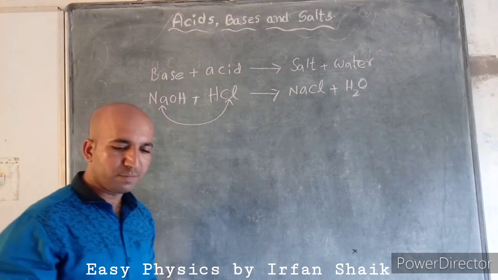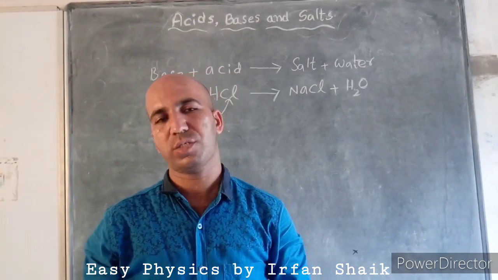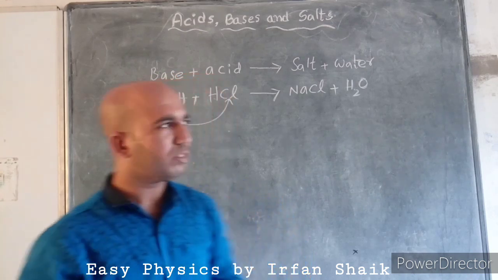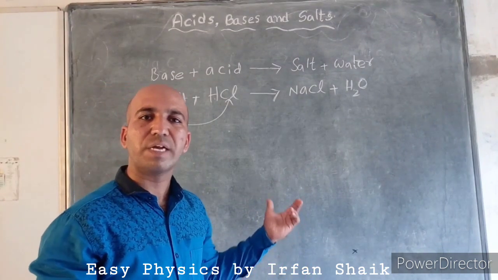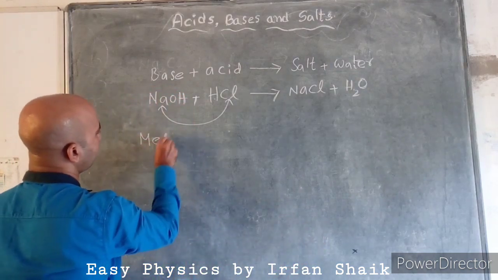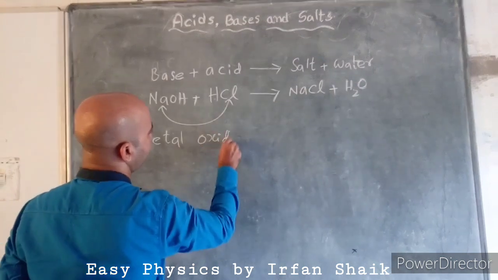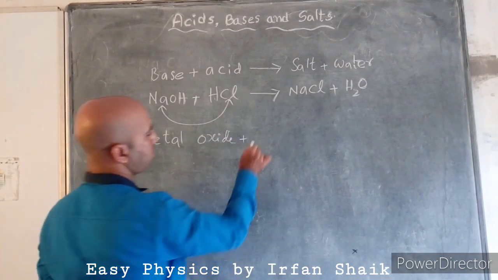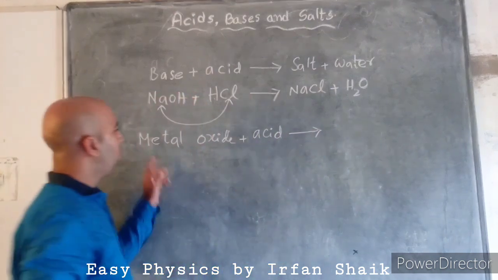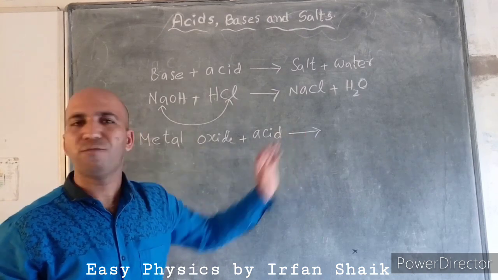Same like that, let us try to find out what happens when a metallic oxide is added to an acid. Let's try to find the skeleton equation here. When a metal oxide is added to acid, what will form here?